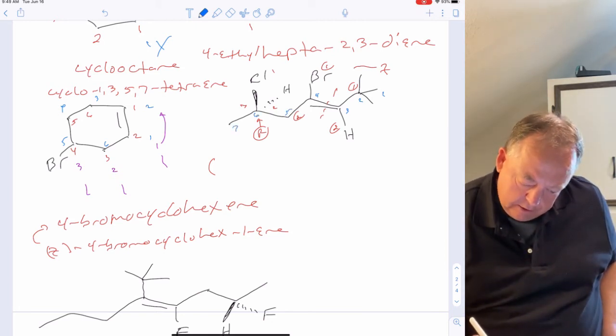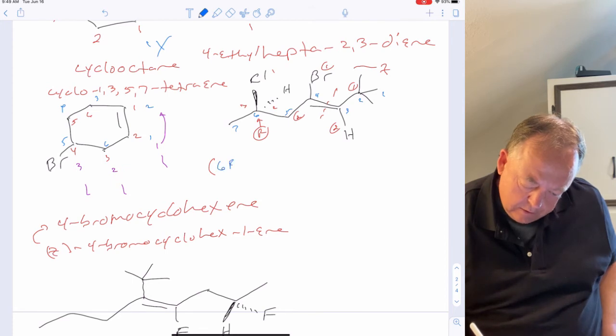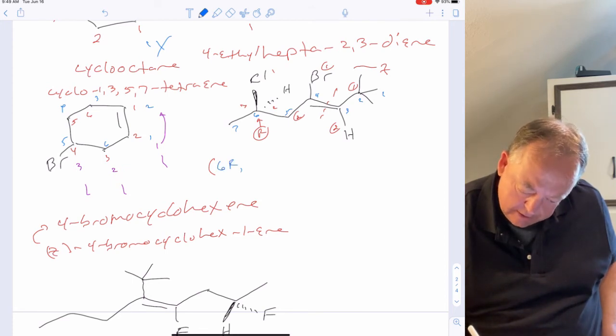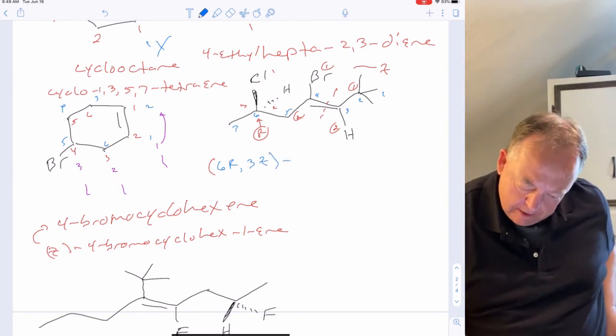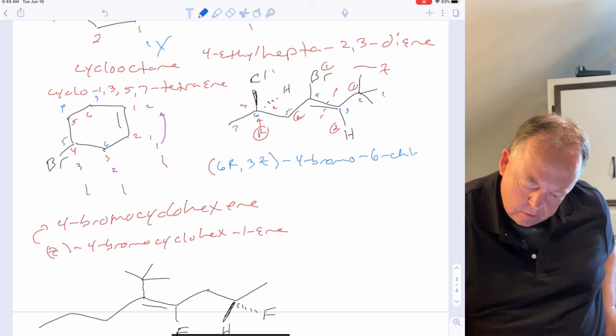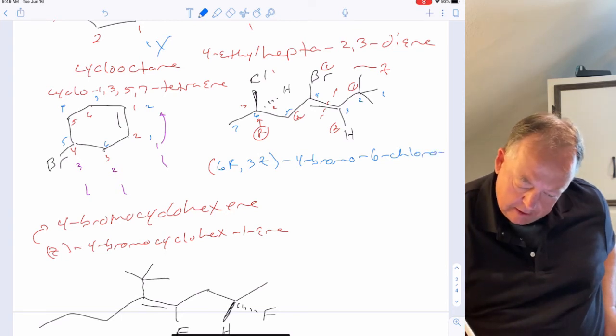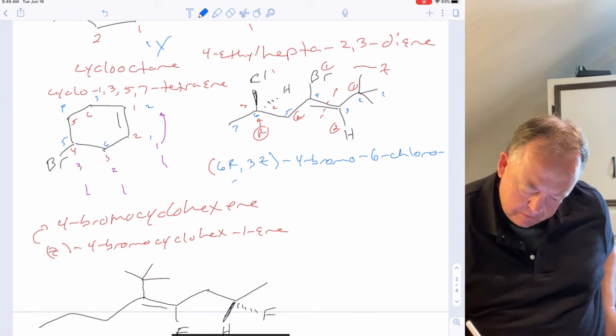Okay, so let's see. So we have a 6R, and carbon number 3 is a double bond, and that is Z. So that's the stereochemistry for the chiral center and the double bond. And then we have a 4-bromo, and then a 6-chloro, and a 2,2-dimethyl.